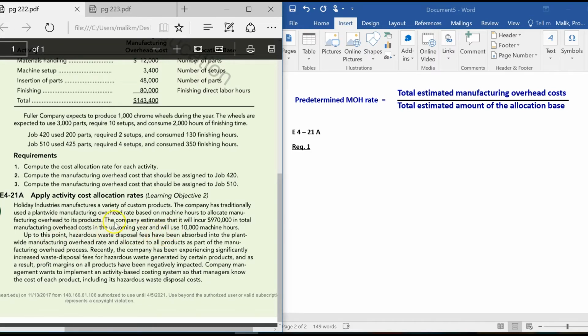So here, if you read the first paragraph, it says the total estimated overhead cost is $970,000. And it also mentioned the total estimated amount of allocation base, which is 10,000 machine hours. So now we will be using this information to calculate one company-wide or plant-wide predetermined overhead rate. So let's plug in the numbers.